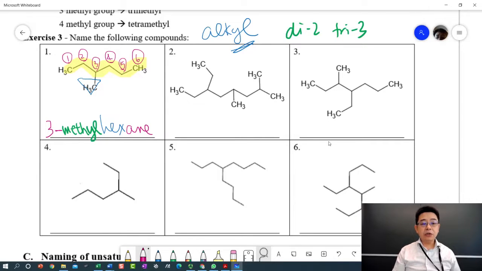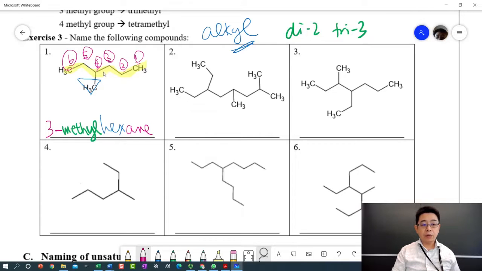But someone will ask, how about if I number it reversely? Can I do it this way? Yes, you can. But is it a good way? So maybe I number it starting from the right-hand side to the left-hand side. From here 1, 2, 3, 4, 5, and 6, right? And then you see the plate number is not the same.